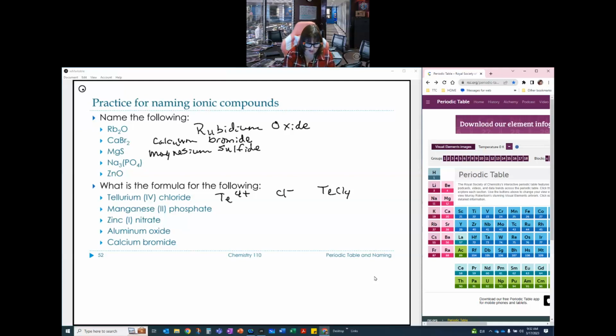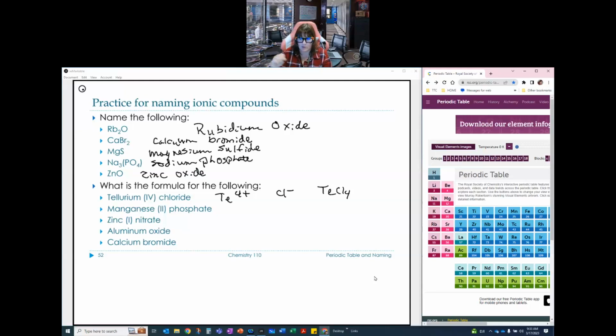Na3PO4. Na is sodium. And PO4 3 minus, because I know it's a 3 minus, is one of those common polyatomic ions. That's a phosphate. My ZnO, Zn is zinc. And that's an oxygen, so that becomes an oxide.